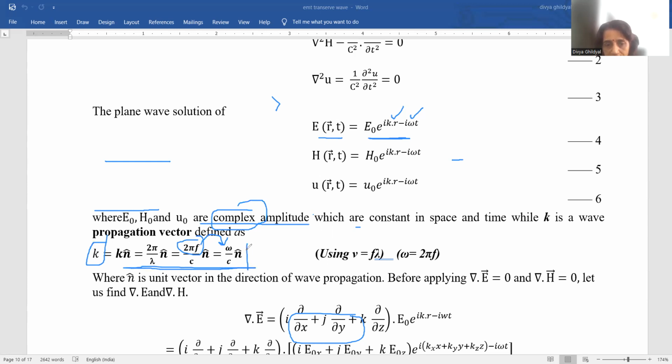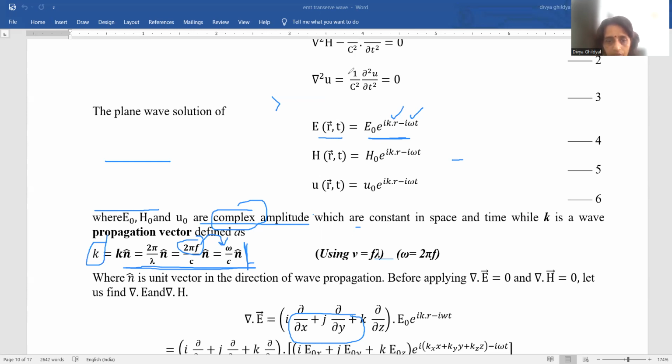You will need this right now for the derivation which you are just going to study. So please see once again, wave vector k is 2 pi by lambda. v is equal to f into lambda, so instead of lambda I have put v upon f. v for an electromagnetic wave is equal to the speed of light, and 2 pi f is the angular frequency, that is omega equal to 2 pi f.